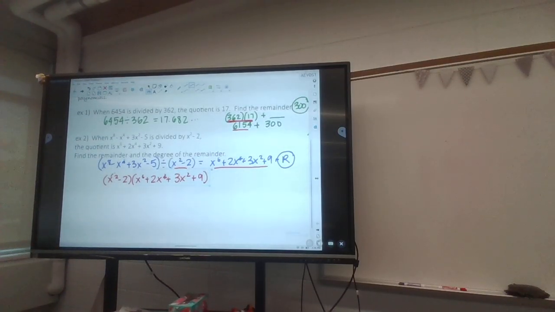So I multiply this x squared by all of these. And then I have to multiply the -2 by all of them.